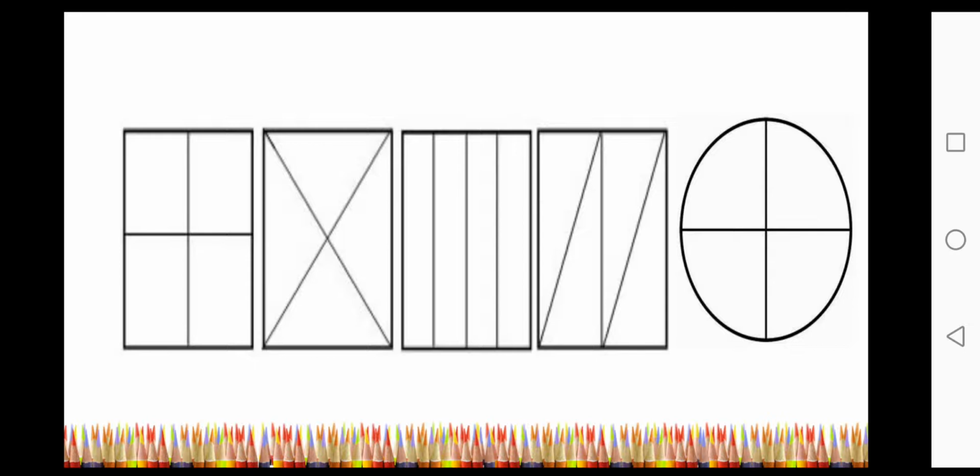So they are equal parts. I have 4 equal parts. Each one of these shapes is divided into 4 equal parts, right?